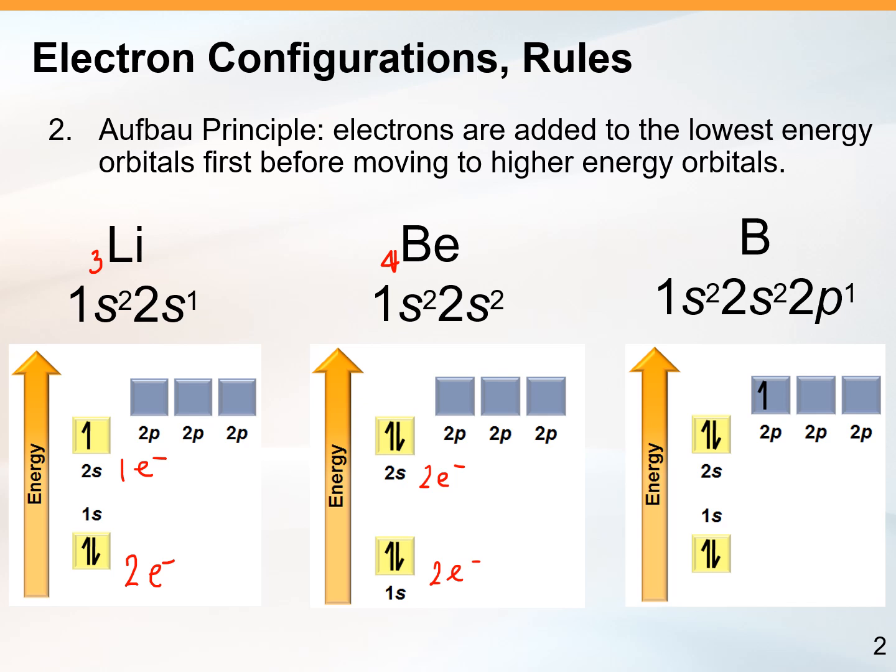For boron, atomic number 5 with 5 electrons, the electron configuration will have the first 2 electrons in the 1s subshell, 2 more in the 2s subshell, and 1 electron in the 2p subshell, which shows as 1s2, 2s2, 2p1. Remember, the superscripts are the number of electrons in those orbitals.